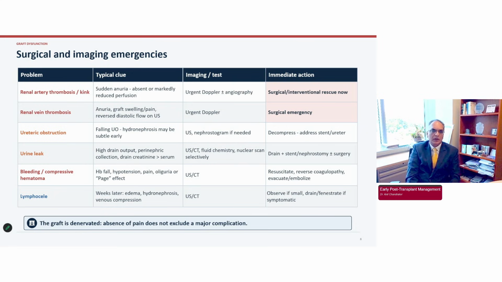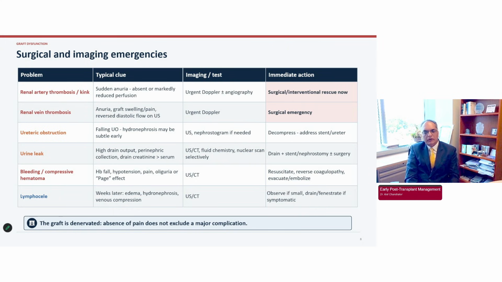So what are the surgical issues that you should think about? Renal artery thrombosis will typically lead to sudden anuria. Imaging is really important to see if there is a good flow into the kidney, and angiography may be important.